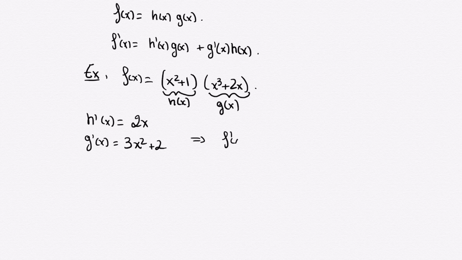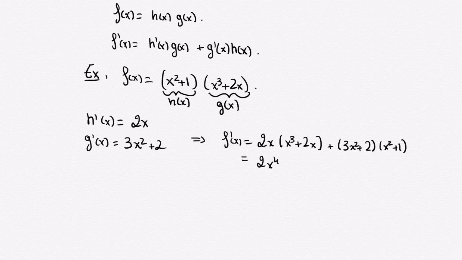So that means that f prime of x is equal to h prime of x times g of x plus g prime of x times h of x.